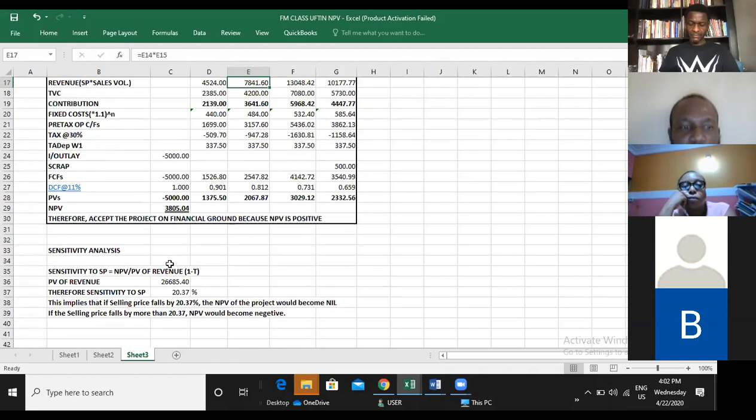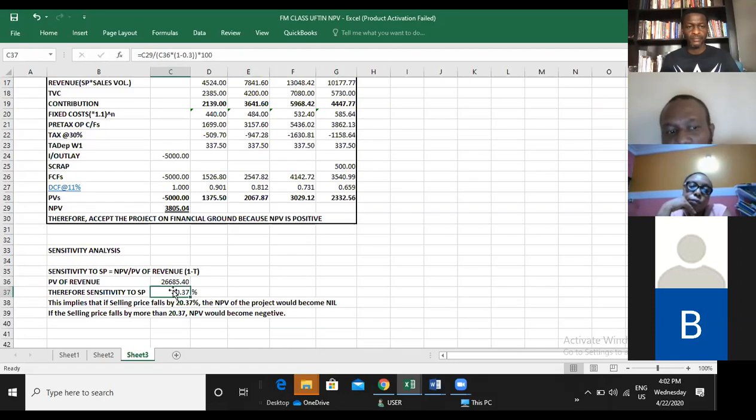So we now did NPV divided by that figure, got it as a percentage, and it gave us 20.37. So we got the present value of the revenue, and then we did NPV divided by that present value of the revenue. We removed tax from it to get our sensitivity.